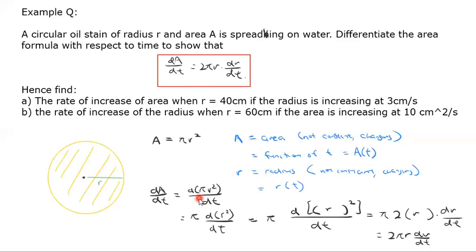But deriving the right-hand side means you can take out the pi and then d(r squared)/dt, which just means using the chain rule. So if I just write out the working again in a different way, you could write A equals pi r squared, dA/dt.